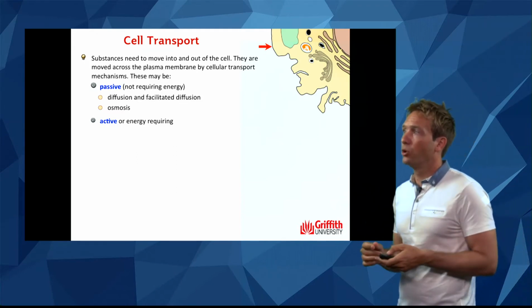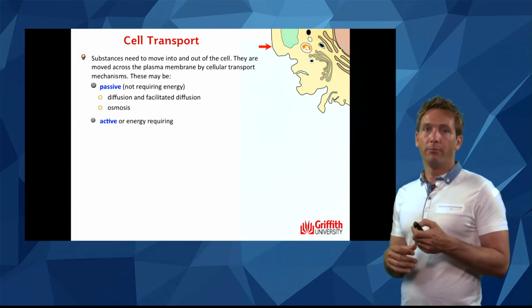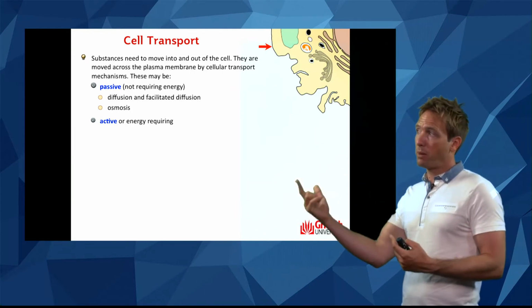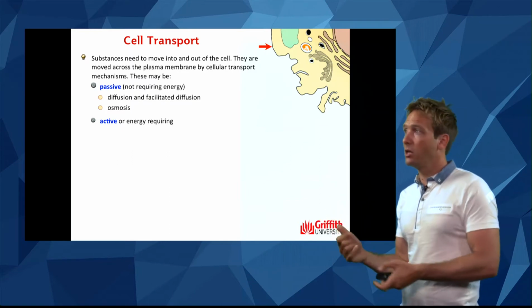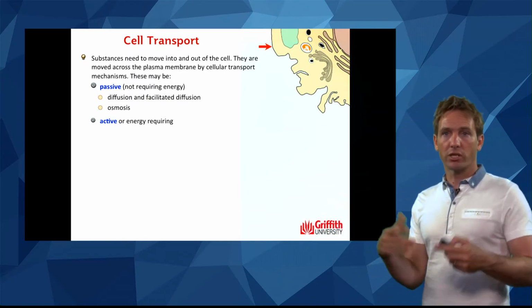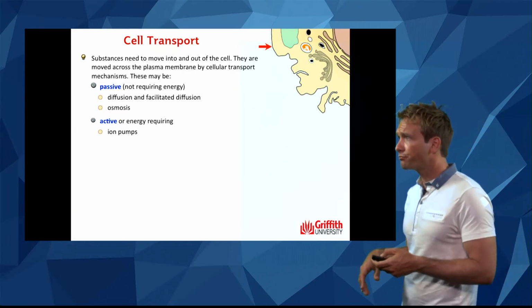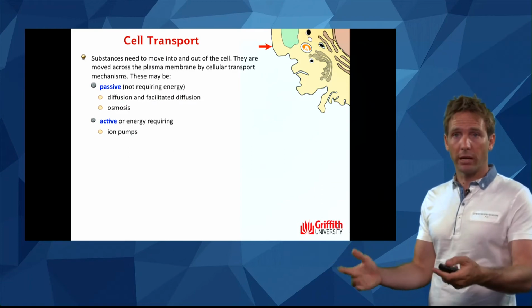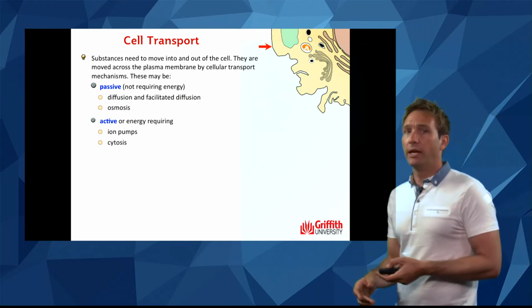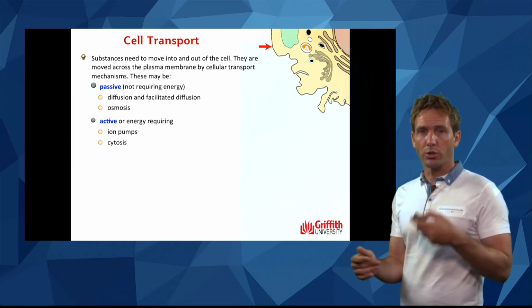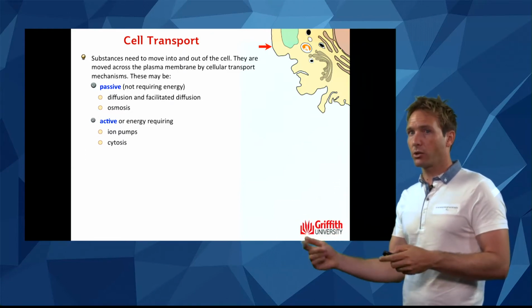Then we have what's called active, or energy requiring, transport. Passive doesn't require energy, and active requires some kind of energy investment in order to move things across the membrane. Active transport has ion pumps, and we'll talk about those. It also has cytosis, which includes endocytosis and exocytosis.